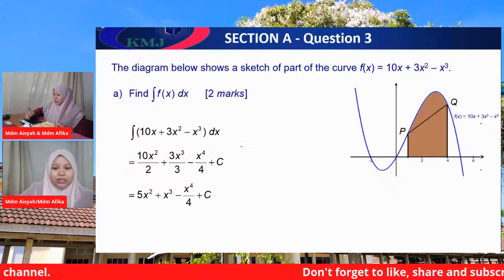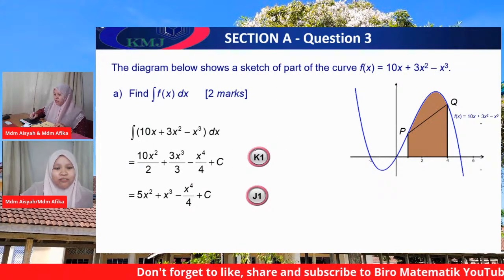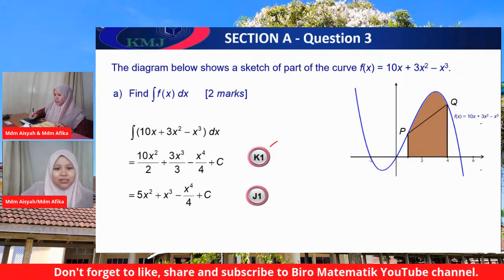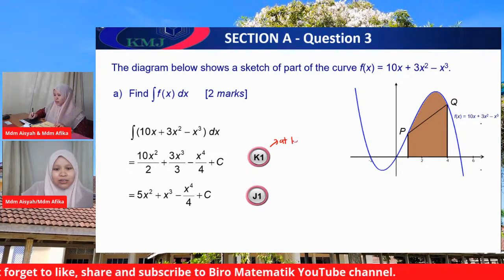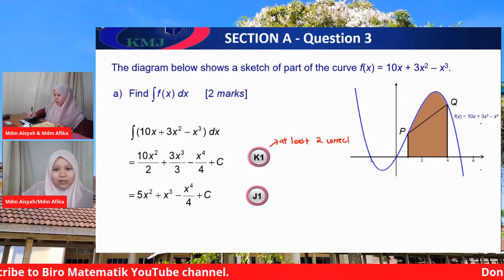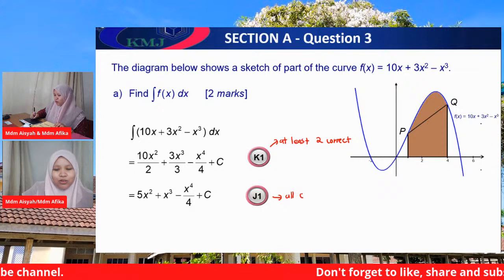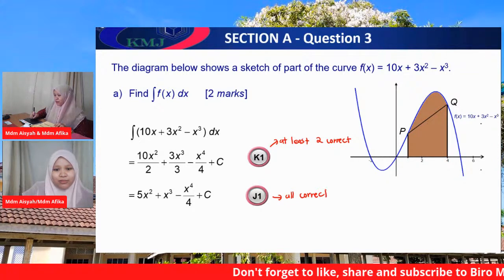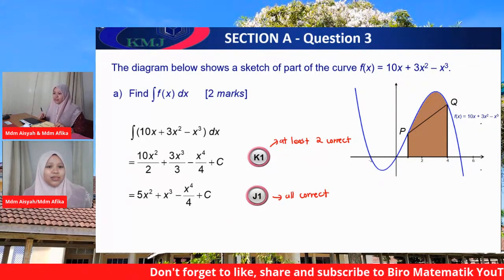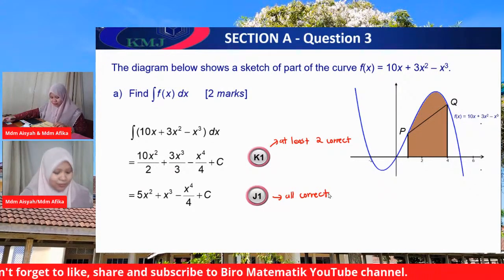So we get K1. Usually we give you K1 at least, 2 correct. And if you get all correct, then you will get J1. Okay, for question B.